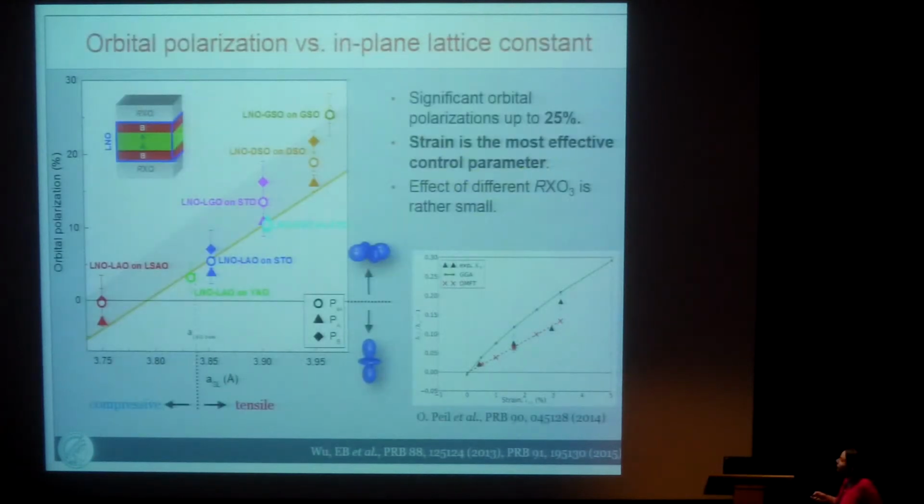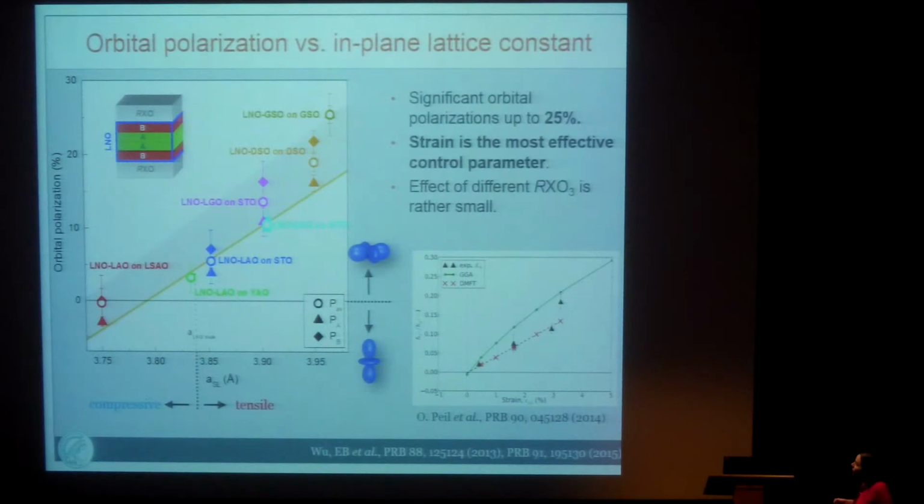This is summarized in this graph here. You can see the orbital polarization, as defined by the difference in x squared minus y squared and 3z squared occupation in percentage, as a function of the in-plane lattice parameter for the different samples.